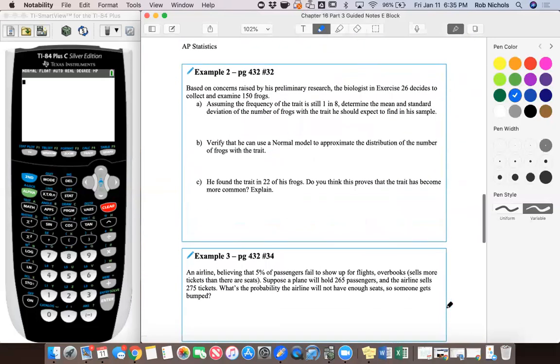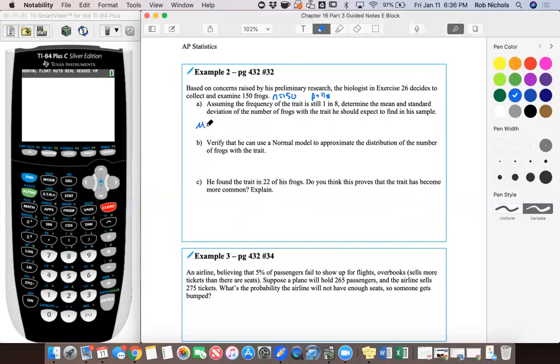Example 2. Based on concerns raised by his preliminary research, the biologist in that example we've been dealing with for frogs decides to collect and examine 150 frogs. So N is 150. Assuming that the frequency of the trait is still 1 out of 8, so the probability is still 1 out of 8, determine the mean and standard deviation of the number of frogs with the trait that you should expect to find in this sample.